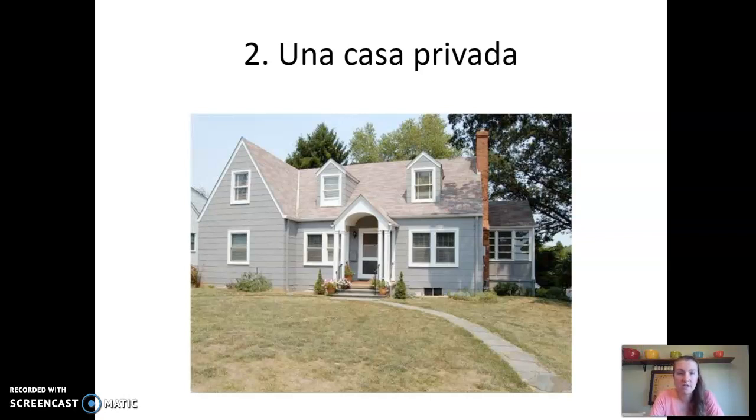So that's another example of something that would not be una casa privada. When you look at cities, that's where there tends to be more non-single family houses, right? More apartments, condos, duplexes, triple deckers, that kind of thing. All right, so una casa privada is a single family house.